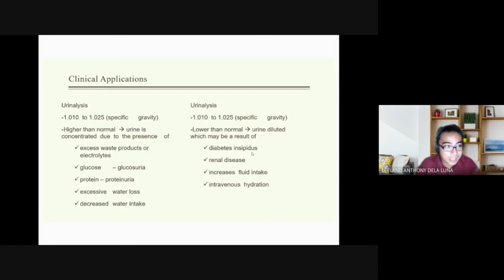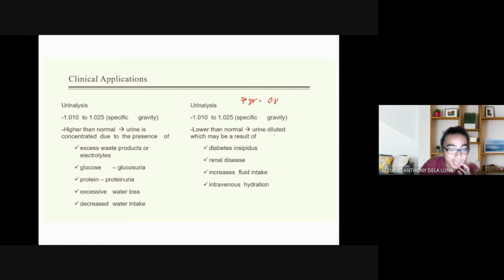Now, what if ang aking specific gravity ng urine ko is 0.8? Kunwari. Okay, 0.8. Sulat na natin para makapansin ninyo. Okay? So, kunwari, class, ang specific gravity ng urine ko is 0.8. Obviously, class, it's less than 1.01, correct? So, anong indication nun? Well, maraming bagay. Okay? Pwede, class, my urine is overly diluted.